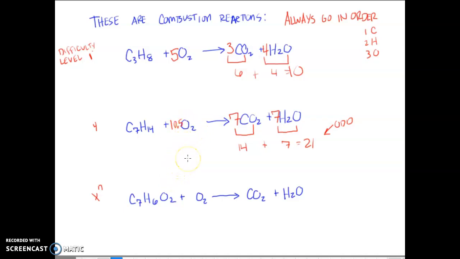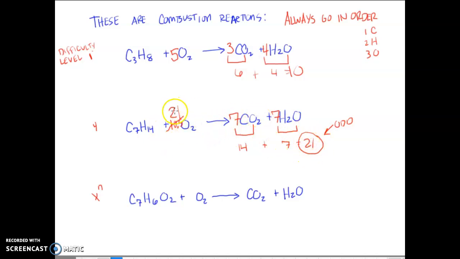It doesn't exist as one atom, and you can never have half of an O2. So when you have an odd number of oxygens after you've done carbon and hydrogen, you take this number 21. Instead of 10.5, we're going to just put 21 here. That is in essence twice as much as we had over here.